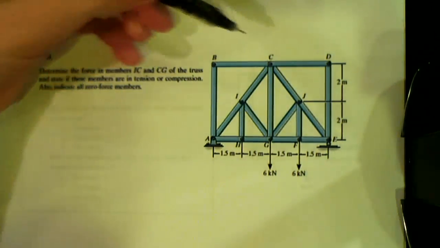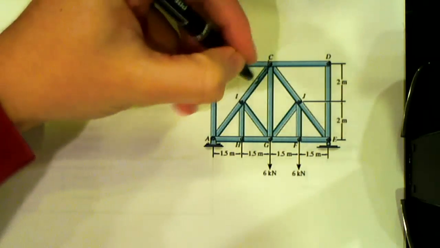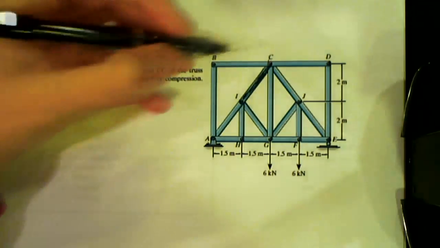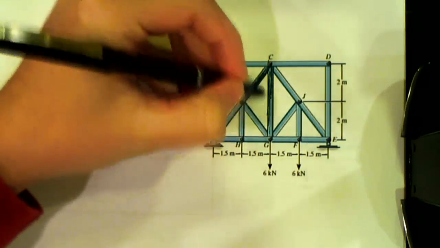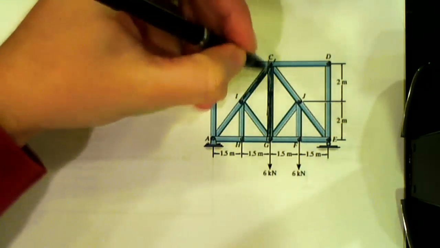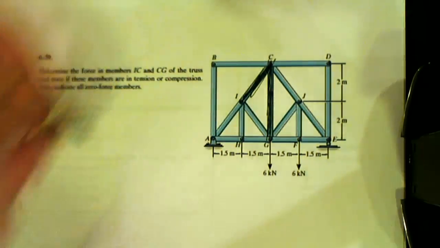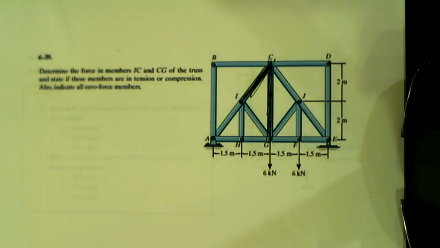So we need to find IC and CG. As soon as you see that we need to find two members that are relatively towards the center of the truss, what method would you choose? Sections, good. That's usually a good rule of thumb.